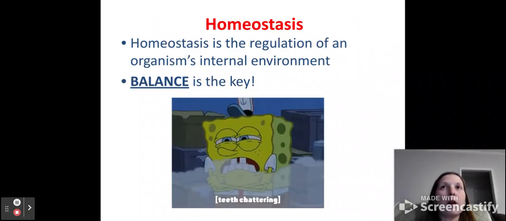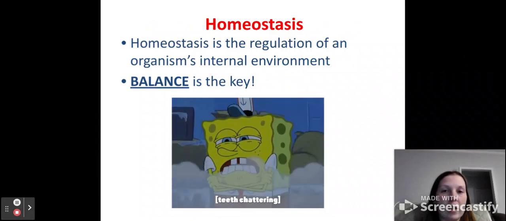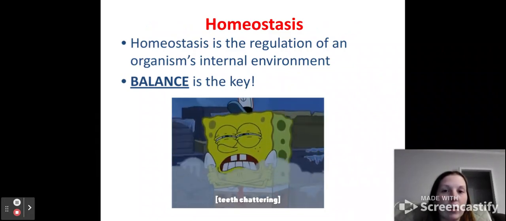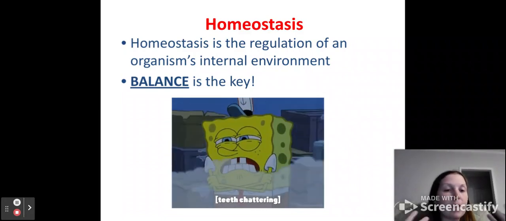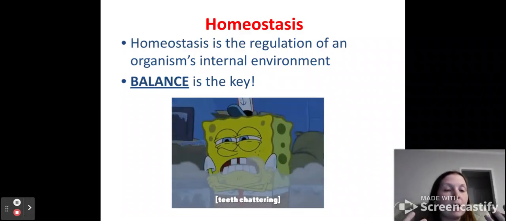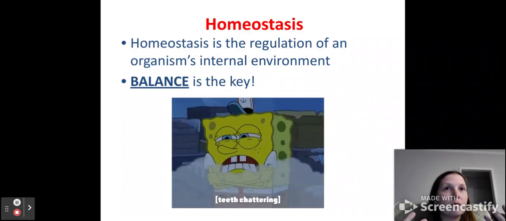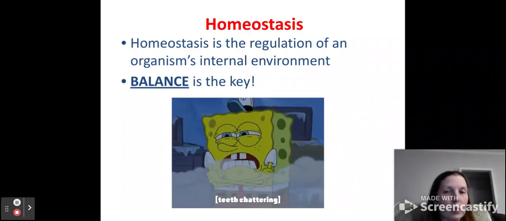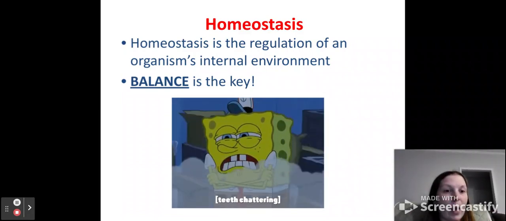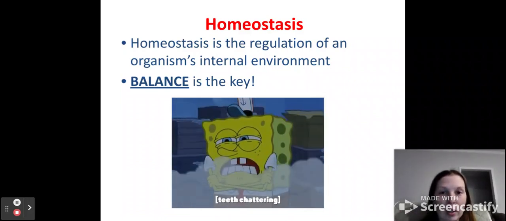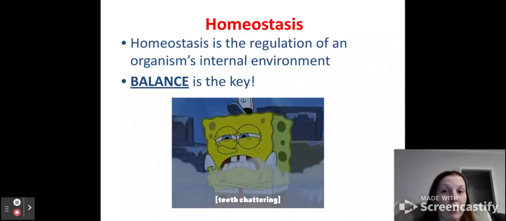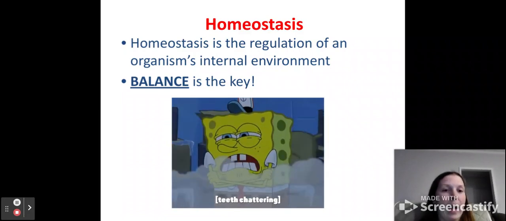Living organisms also maintain homeostasis, and that is defined as the regulation of an organism's internal environment. So keeping things as regulated as possible. So if you're sick, you have a fever. Well, that fever is to kill off infection. And that's why you don't feel good when you have a fever, because your body is out of whack.